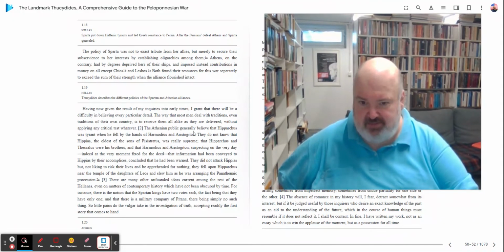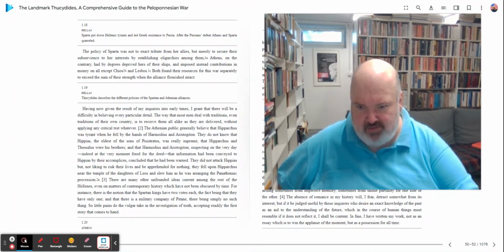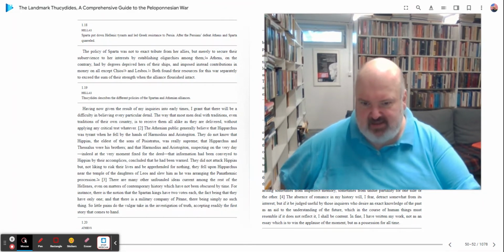The Athenians generally believed that Hipparchus was tyrant when he fell into the hands of Harmodius and Aristogiton. They do not know that Hippias, the eldest son of Pisistratus, was really supreme, that Hipparchus and Thessalus were his brothers, and that Harmodius and Aristogiton, suspecting on the very day, indeed at the very moment fixed for the deed, that information had been conveyed to Hippias by their accomplices, concluded that he had been warned.